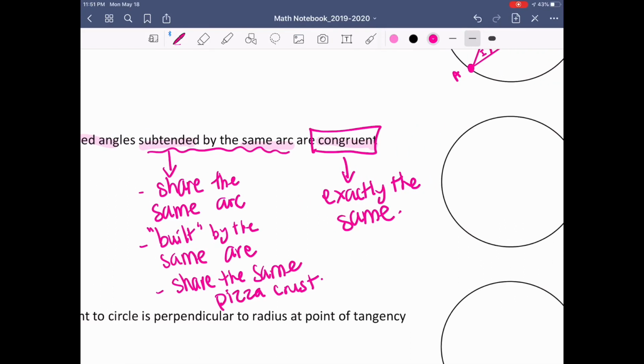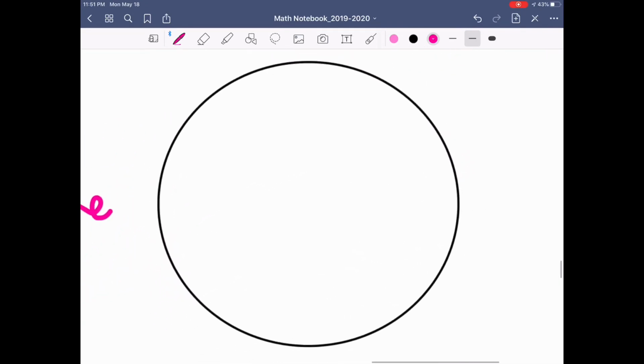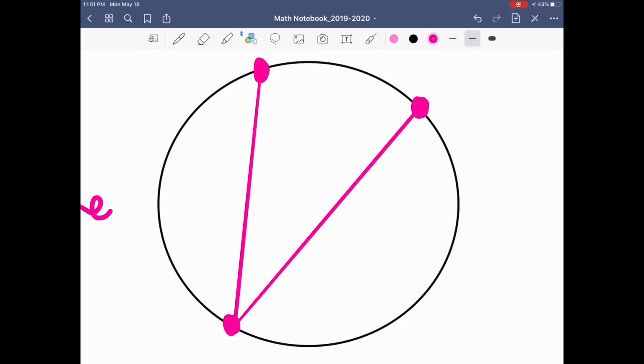Okay, so for example, again, I'm going to draw some angles. Remember, an inscribed angle is 3 points, and all 3 points are on the circumference. It's basically 2 chords connecting together. So that is inscribed angle number 1.